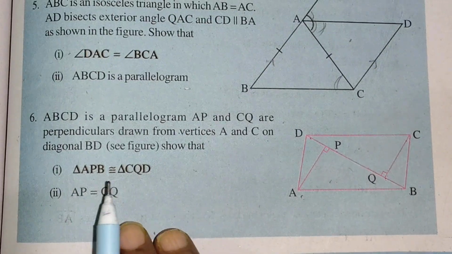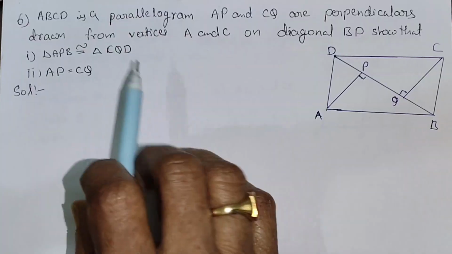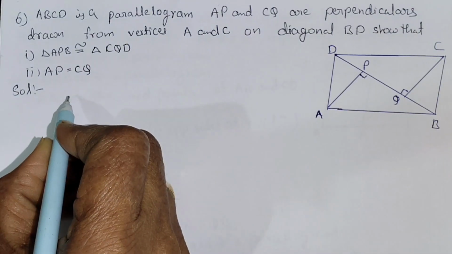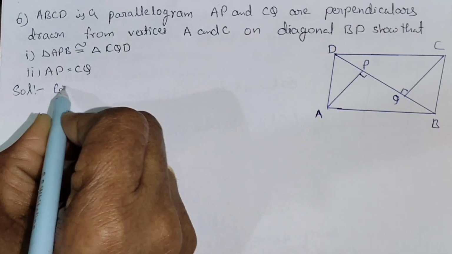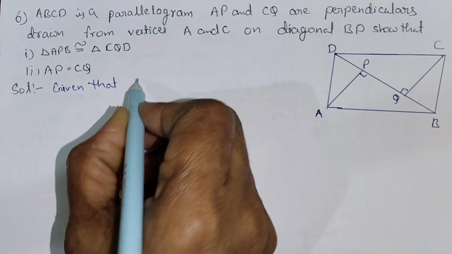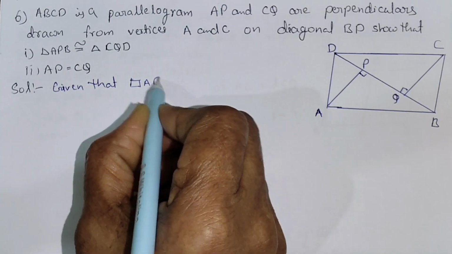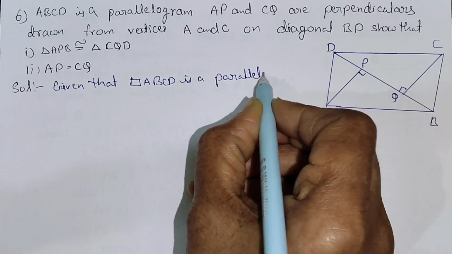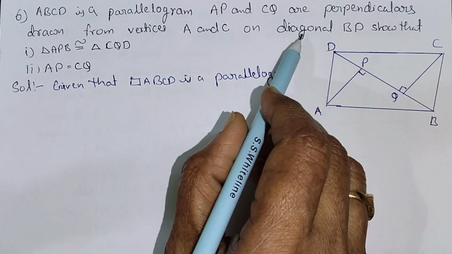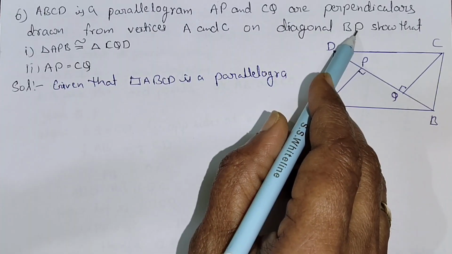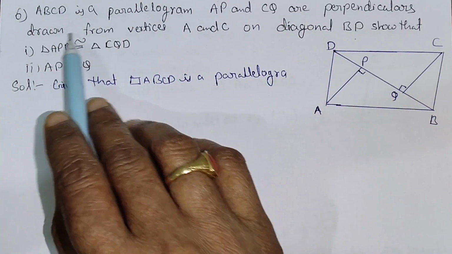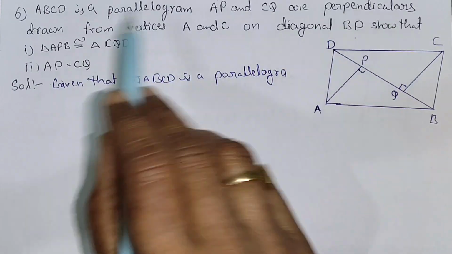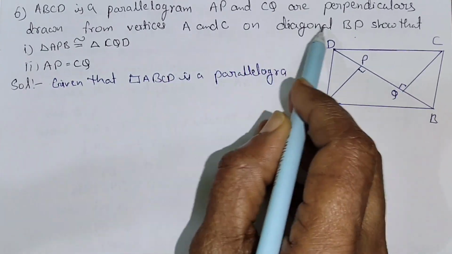So first we show the first one. First we write the given data. ABCD is a parallelogram. BD is a diagonal, and perpendiculars are drawn from the vertices A and C on the diagonal BD.